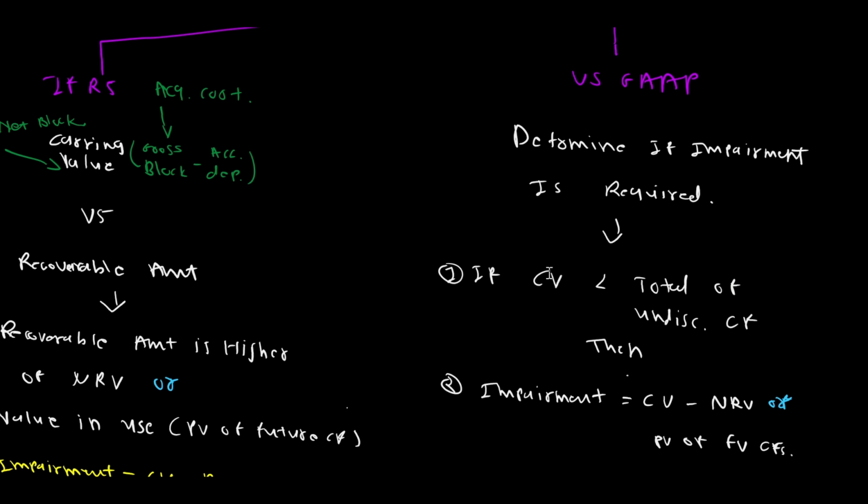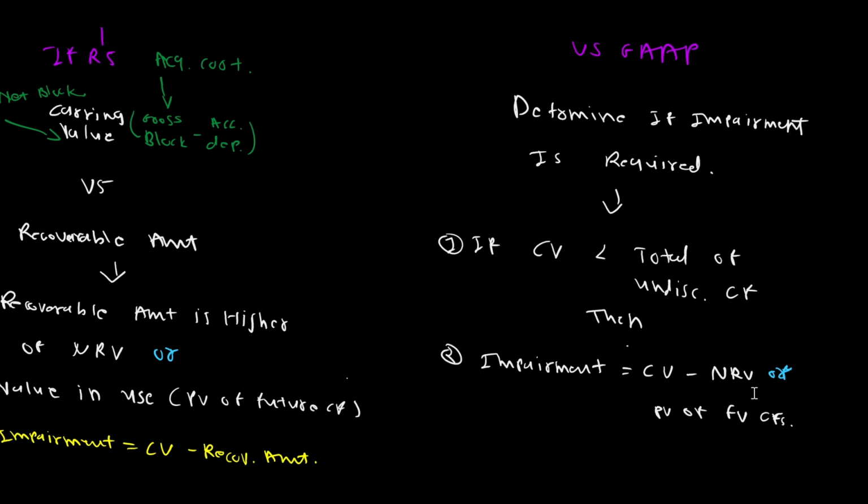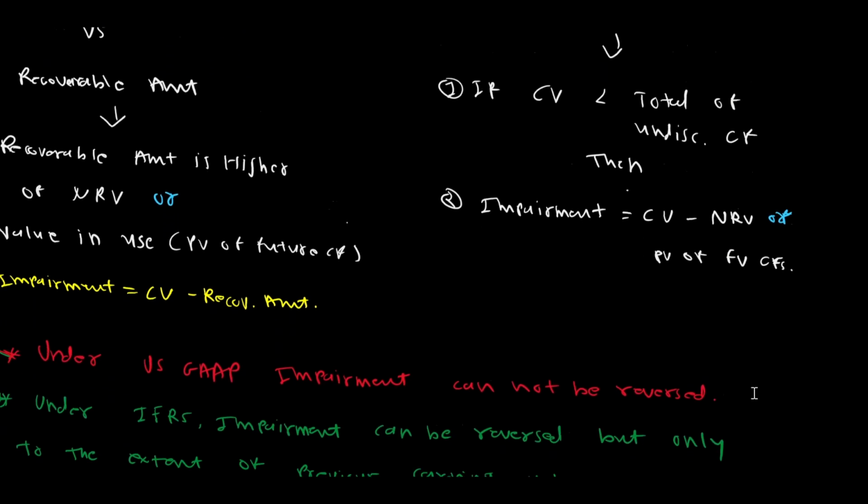If not, then we will not impair, and if it's less, then impairment will be the carrying value minus NRV or PV of the future cash flow, net realizable value or present value of the future cash flow. NRV is preferred.